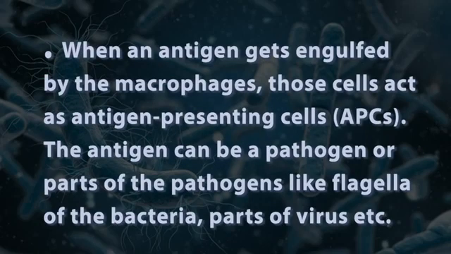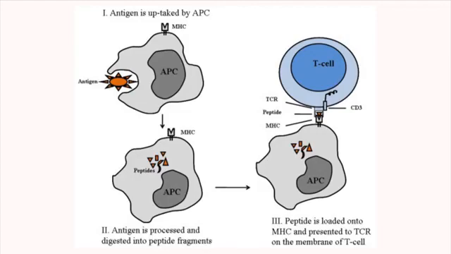When an antigen gets engulfed by the macrophages, those cells act as antigen presenting cells, which are also called APCs. The antigen can be a pathogen or part of the pathogen like flagella of the bacteria, part of the virus, etc. Those parts of the pathogens are called free antigens.